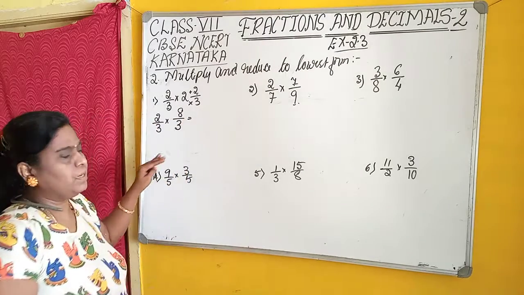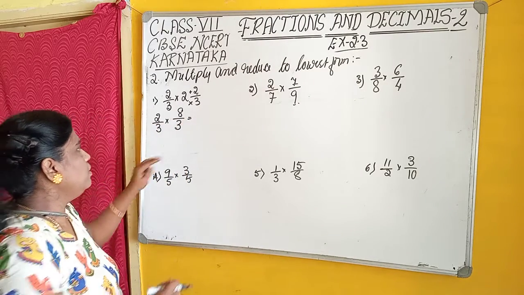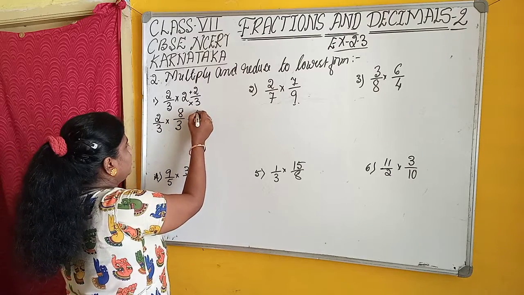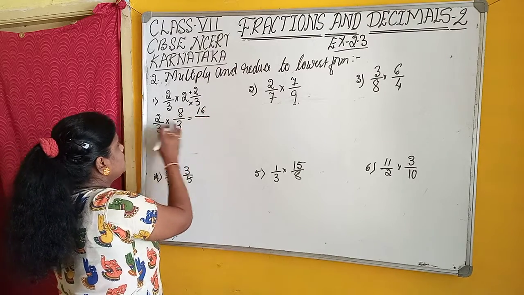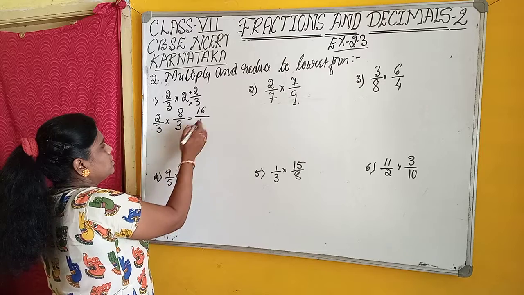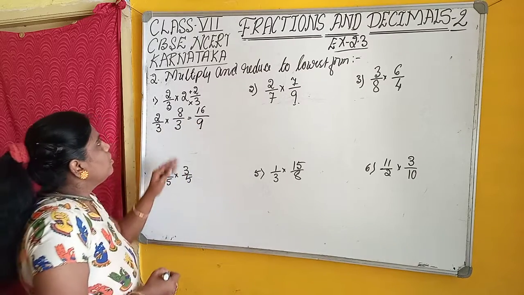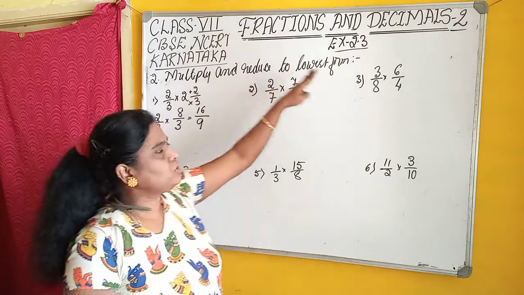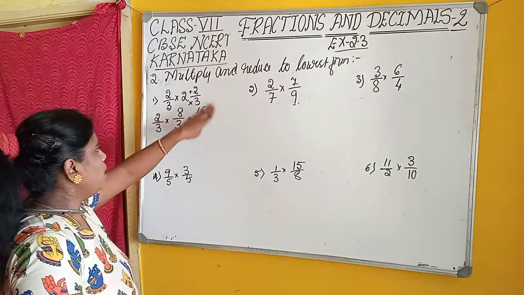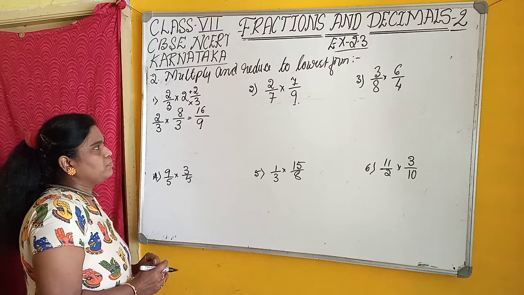Okay. While doing the multiplication, we have to find the product of the numerators. That is 2 into 8 is 16, divided by 3 into 3 is 9. What they had given, reduce to lowest form. We have to reduce it to lowest form.